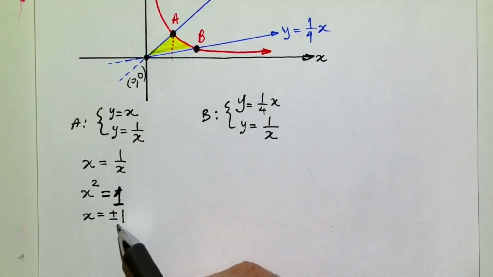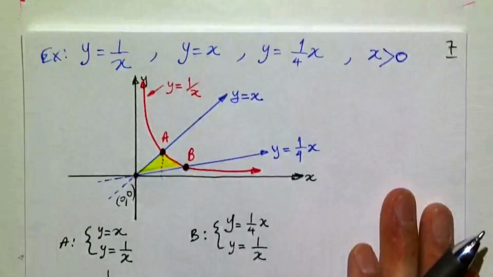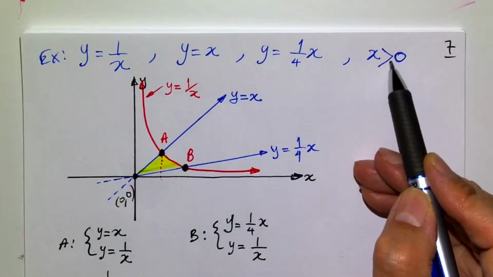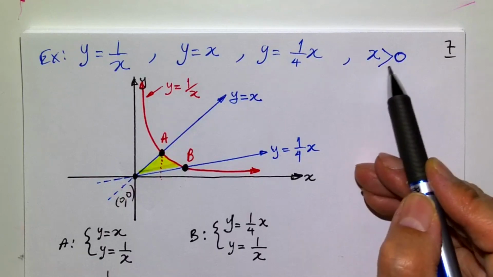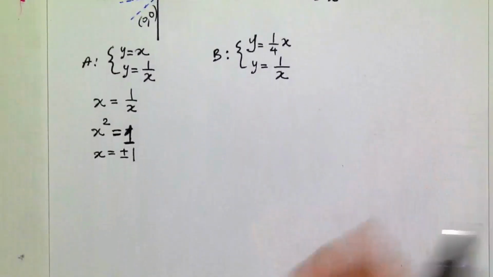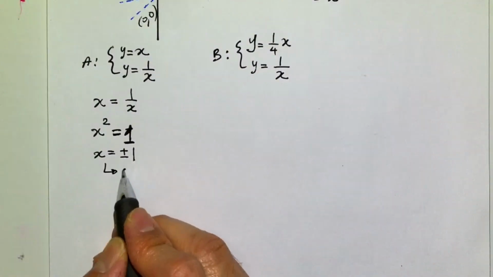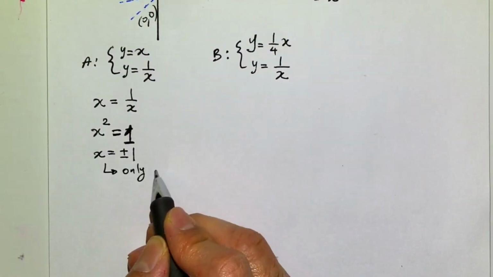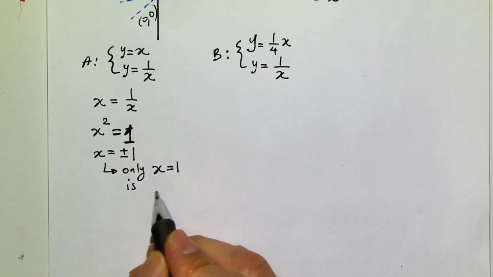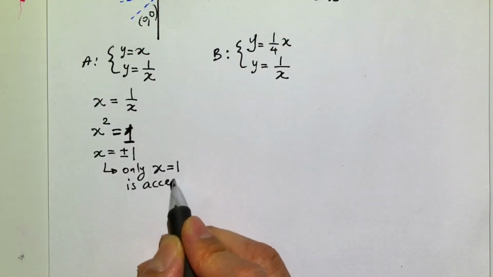Okay, which one of these is acceptable? Of course, the -1 has to be tossed out because from the get-go we have this condition that x has to be some positive, non-zero value, right? So only x equals 1 is acceptable.